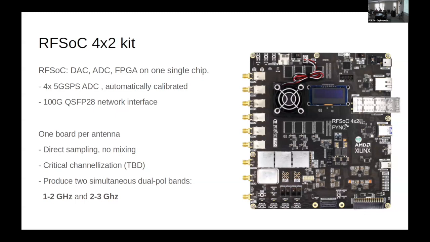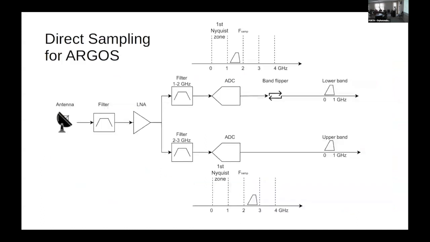There will be another module that generates the PPS and distributes it. I'm assuming the clock signal will come in the proper form for the RF SoC to accept, so there won't be extra hardware at the antenna. The clock signals will go directly to the RF SoC.